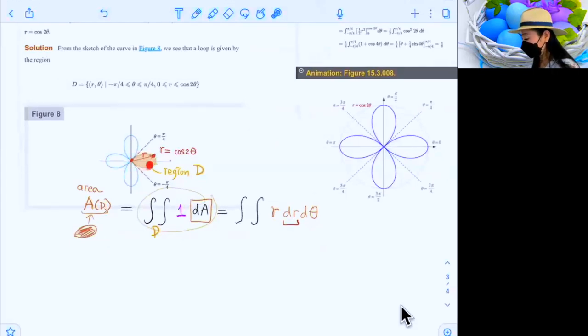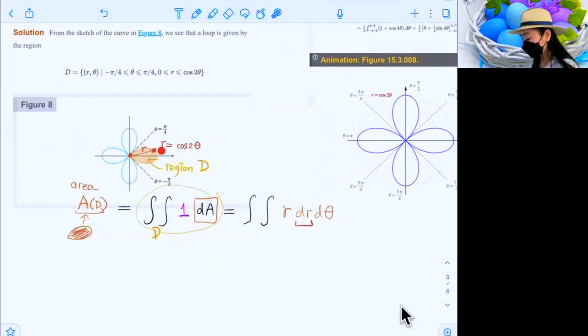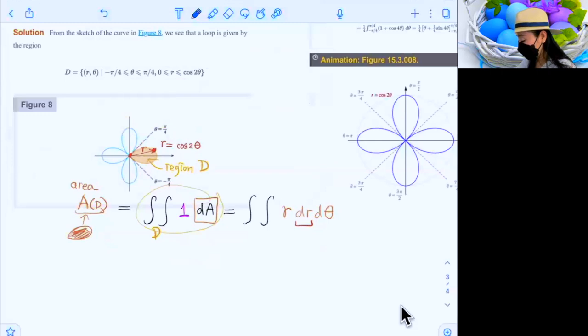Looking at the picture, r starts from here and goes to here. So r changes from 0 to cosine 2 theta. Let's write that down. What about theta? Theta changes from what to what?